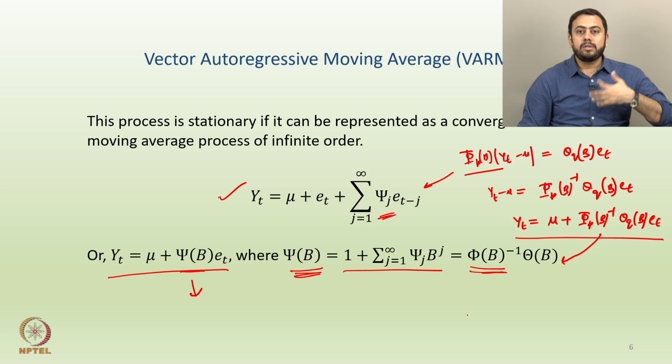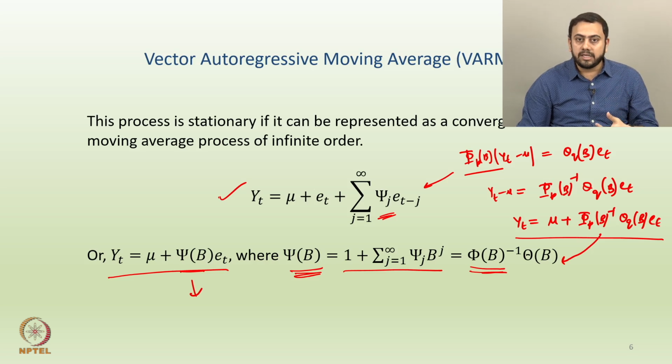Okay. Now the whole point of rewriting the initial equation into a different form is that such a structure is stationary. So the process is stationary, as stated here also, if it can be represented as a convergent vector moving average process of an infinite order.